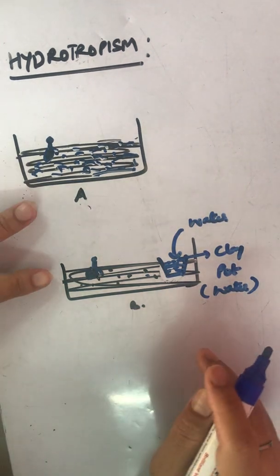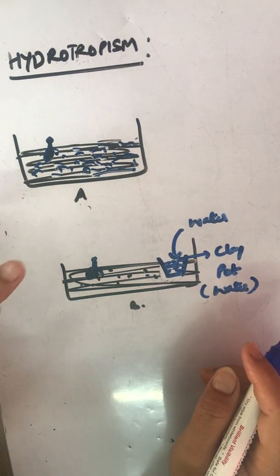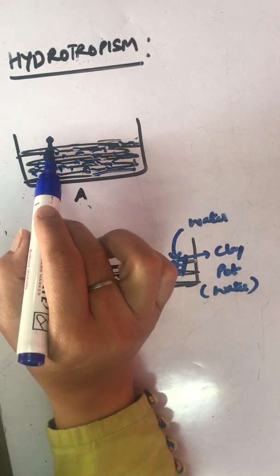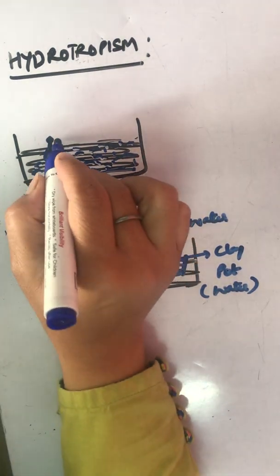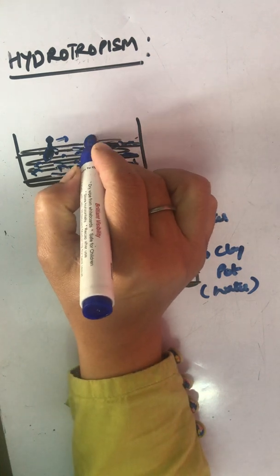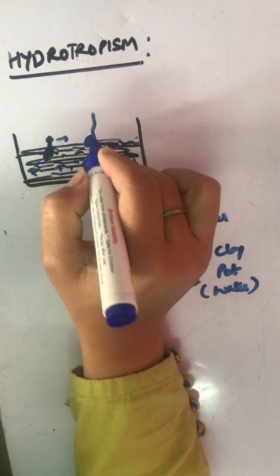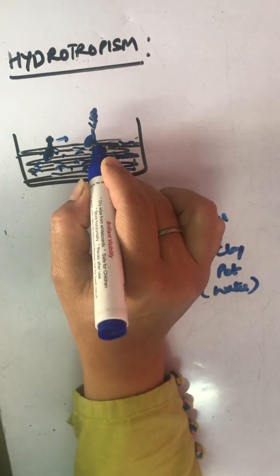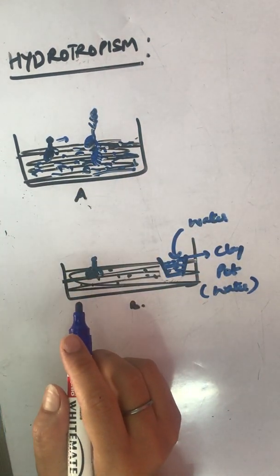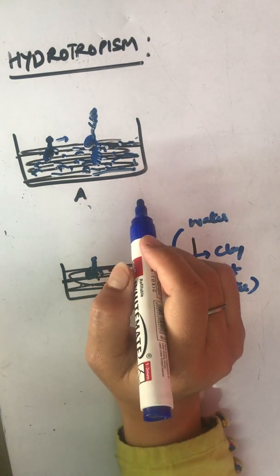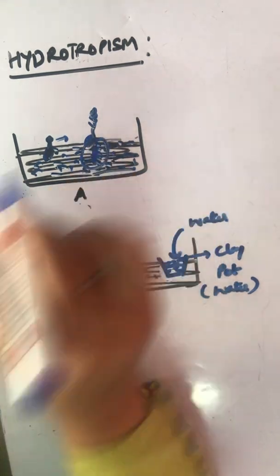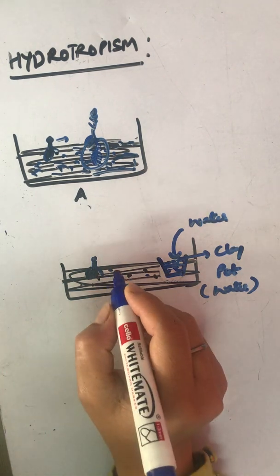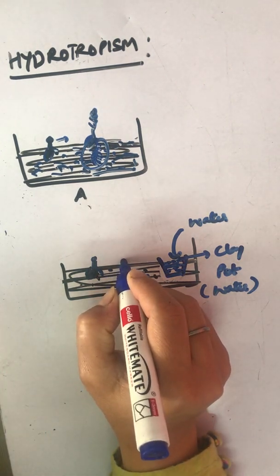We have to observe the phenomenon for a few days, and after a few days what do we notice? We dig up the seedling carefully, and to our surprise, in trough A the root of the seedling is straight, but in trough B the response is the other way round.